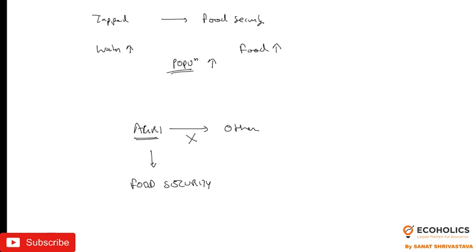Now agriculture undoubtedly requires a lot of water, and if you see the global best practices, globally also agriculture uses 70% of total water availability. It means the remaining 30% globally is available for industry as well as households.